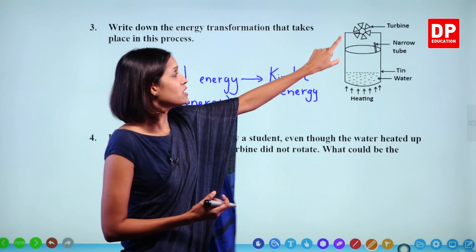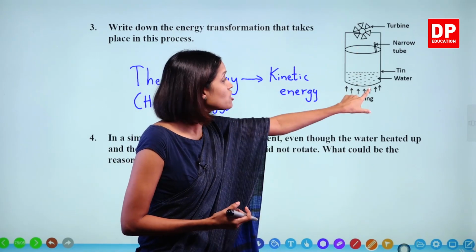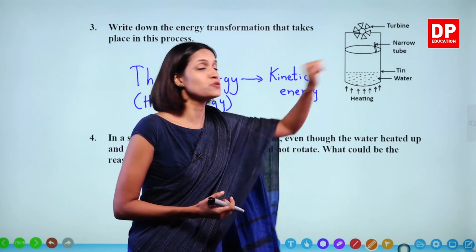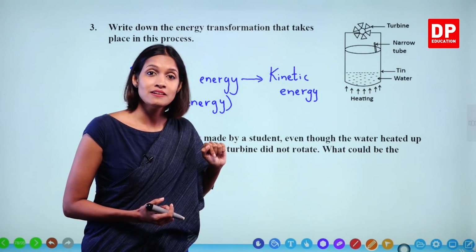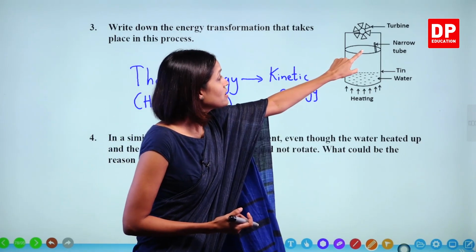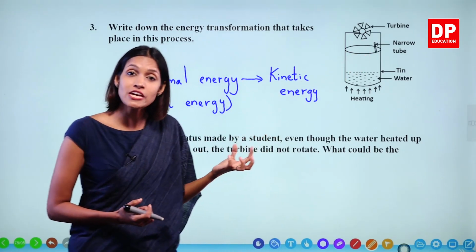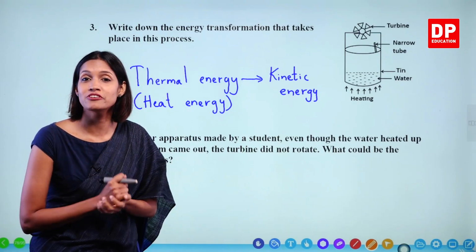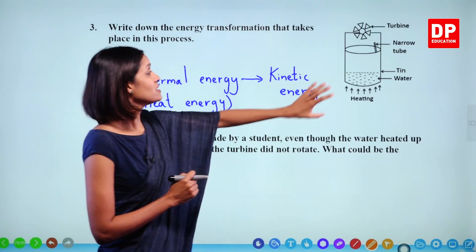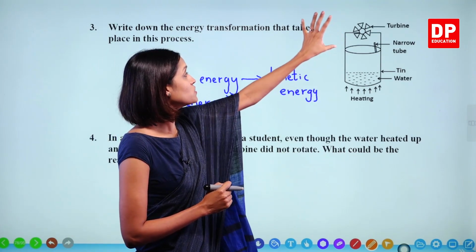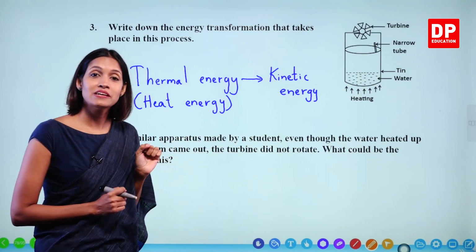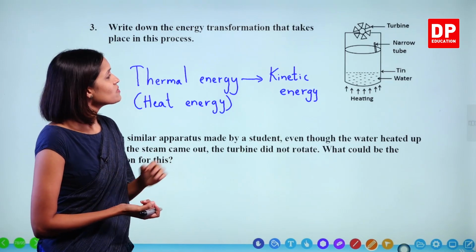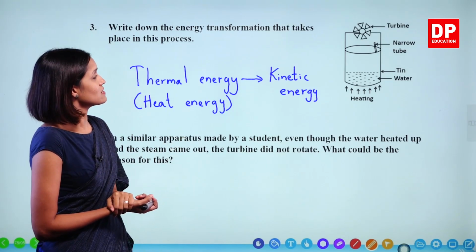I told you, in order to increase the pressure of this steam, you have to use a narrow tube, right? What will happen if the opening of the tube is wide? The required pressure will not be given to the steam, so the setup won't be able to rotate the turbine. What could be the other reasons, children?